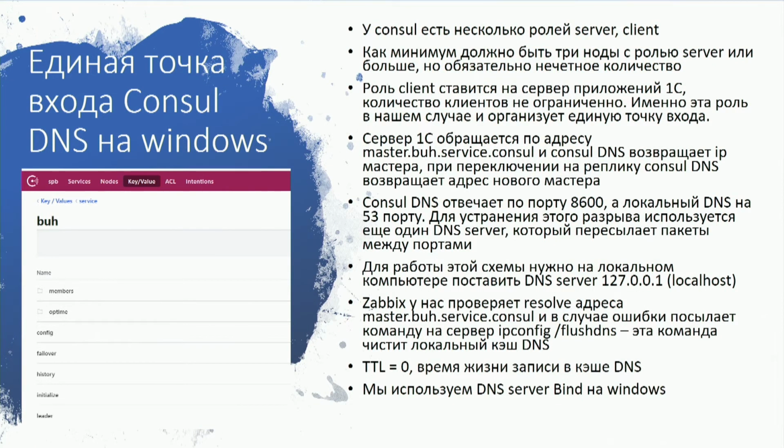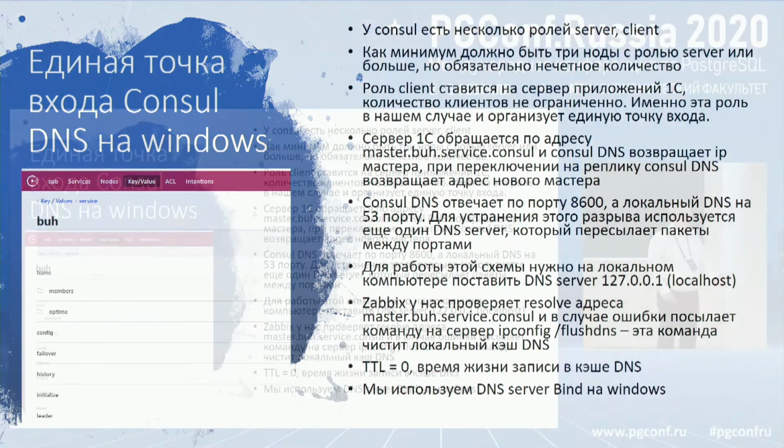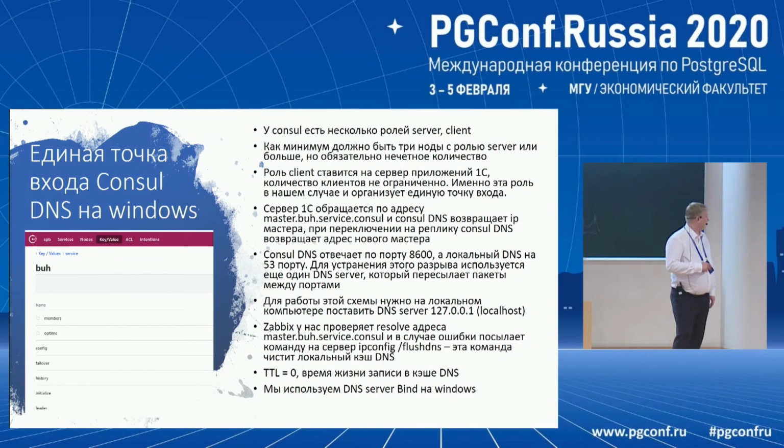We also send queries for resolve. It resolves names, and if it stops resolving, which sometimes happens, on a rare occasion though. So when we tested different servers, Bind demonstrated the most stable operation.